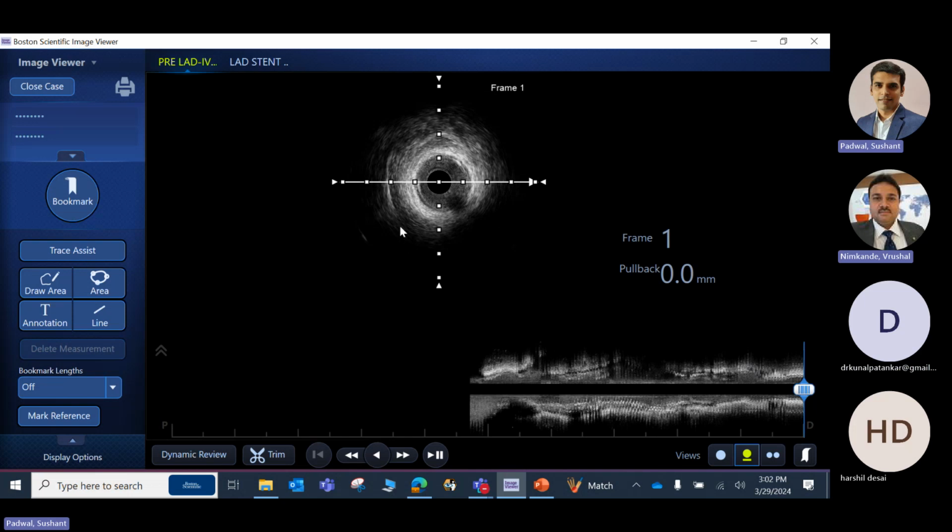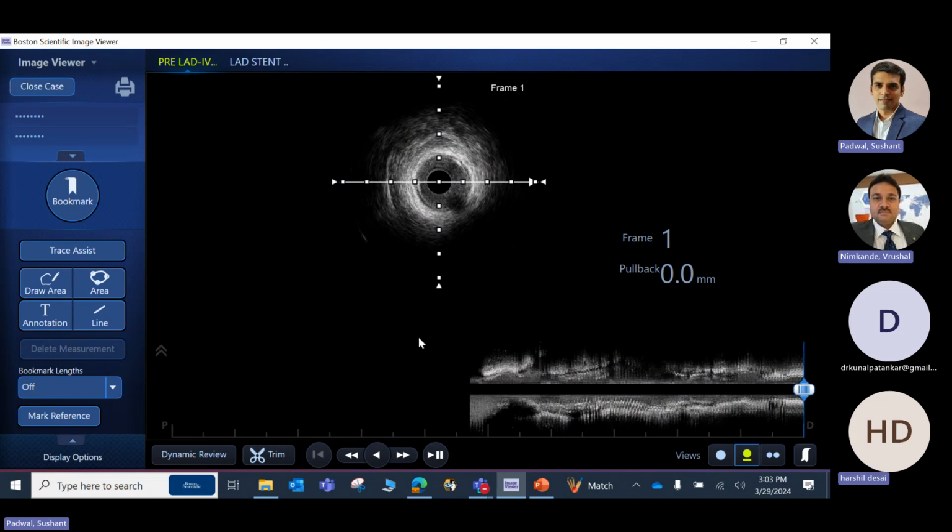You have parked your transducer at the distal landing zone as per the angiogram, and you confirm on the IVUS it's a healthy zone. There is no disease. Now just watch the number of dots. You see 2, maybe 2.2. One diameter is 2.25 and the other one is 2, so we'll take it as 2. So this is 2 mm.